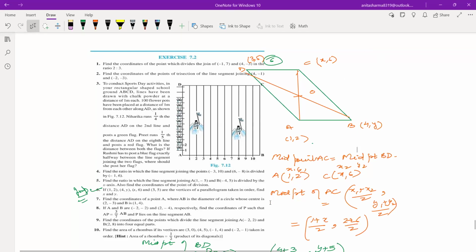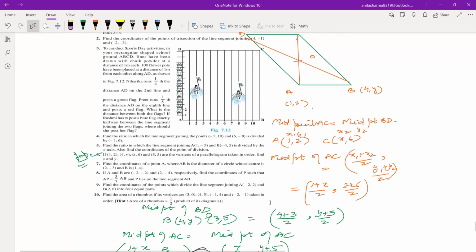Beta, we are doing question number 6. In this question, we have been given the coordinates, the vertices of a parallelogram, and you have to find the values of x and y. So, we know that the property of a parallelogram is that the diagonals of a parallelogram bisect each other.